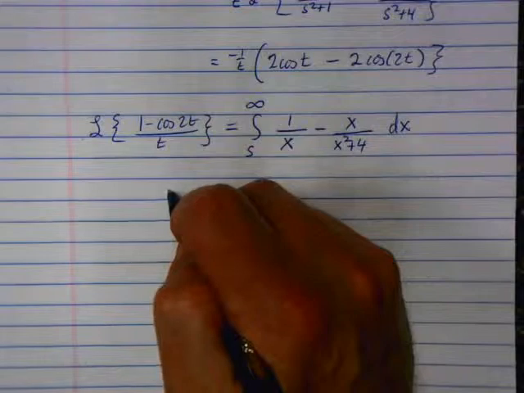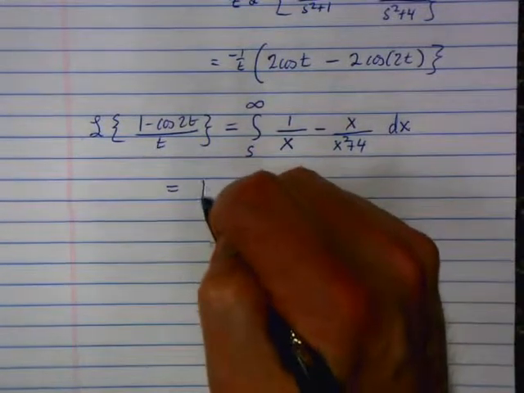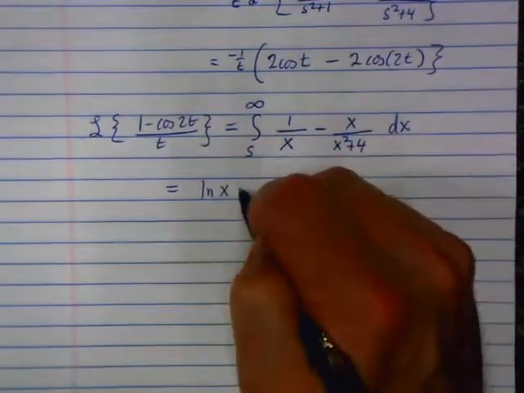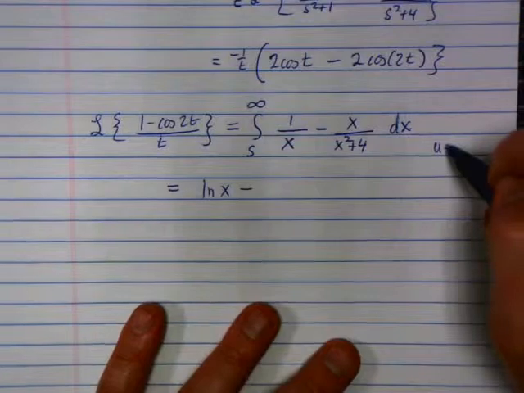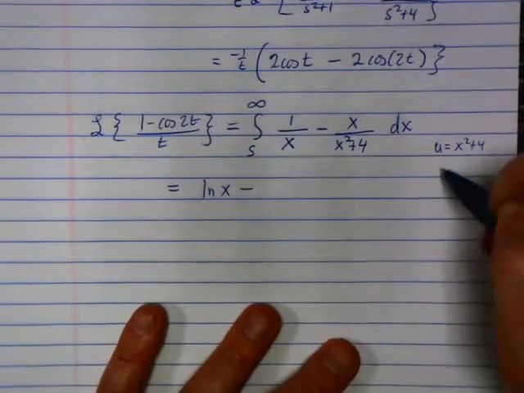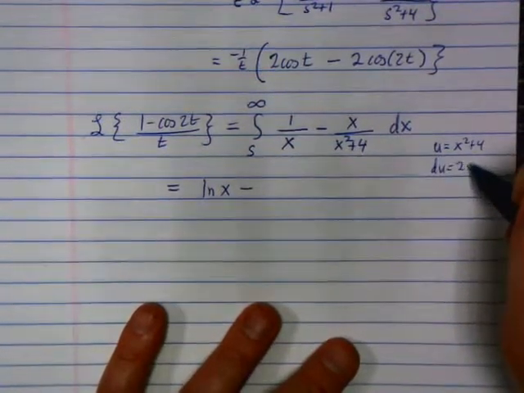What's the integral of 1 over x? ln x. Minus, what's the integral of x over x squared plus 4? It's a u sub. u is x squared plus 4, so du is 2x dx.